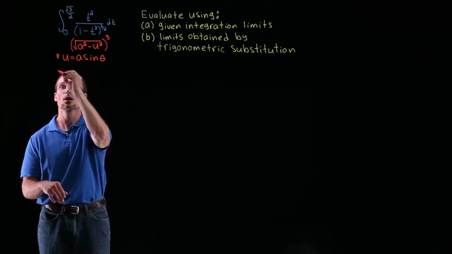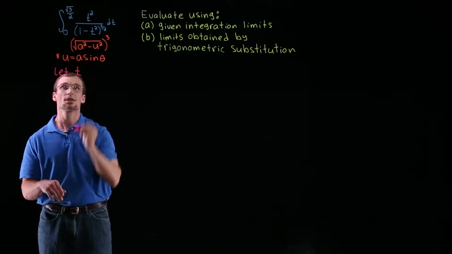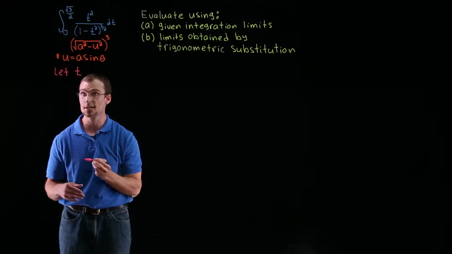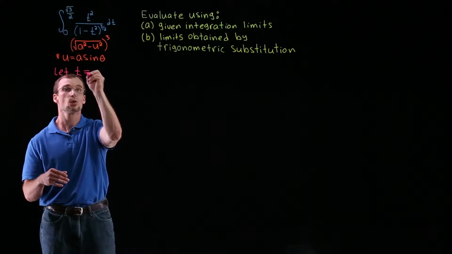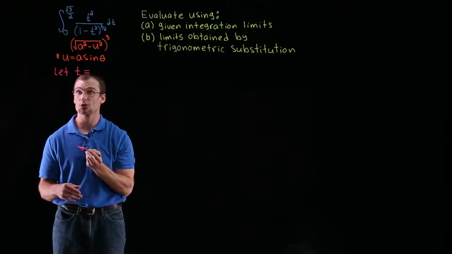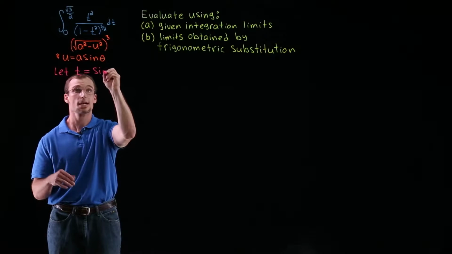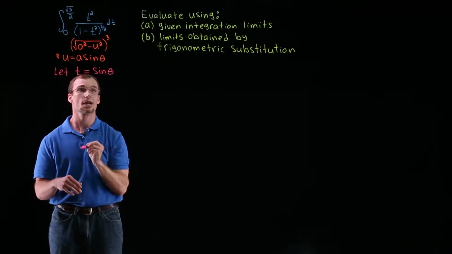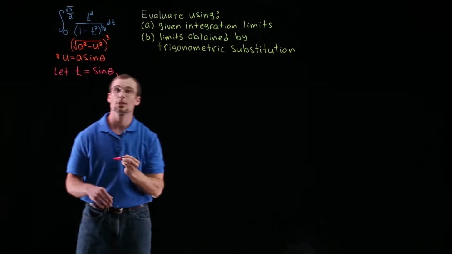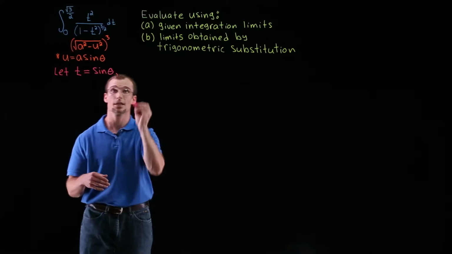So to start with, we're going to make our substitutions. In this case, our variable term u is just t. So t is equal to a sine theta. Well, our a, 1 being 1 squared, is just 1. So t is just 1 times sine of theta, or sine of theta. And so we need to substitute all our variable terms out. So t is sine of theta.